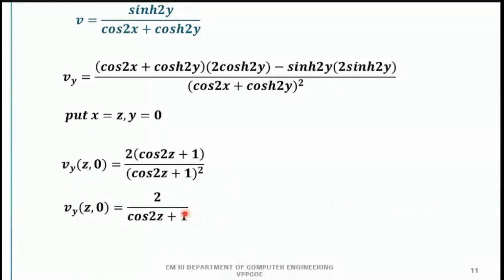Okay. Again, our aim is to integrate in the end. So try to use trigonometric formulas in the denominator and convert 1 plus cos 2z. 1 plus cos 2 theta is equal to, is it sine square or cos square?